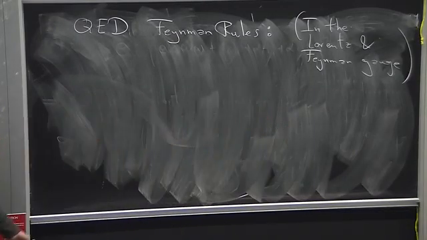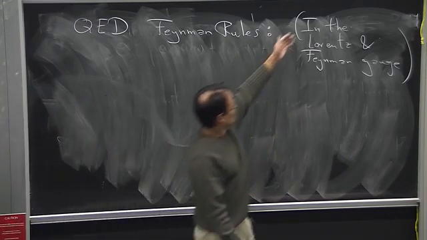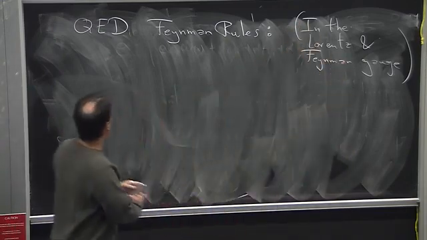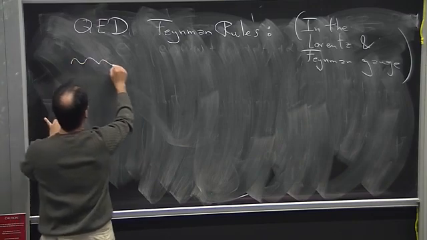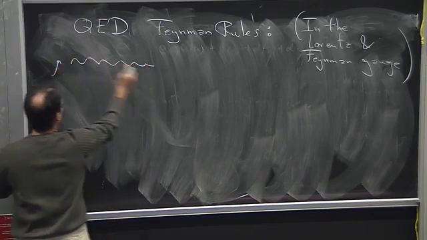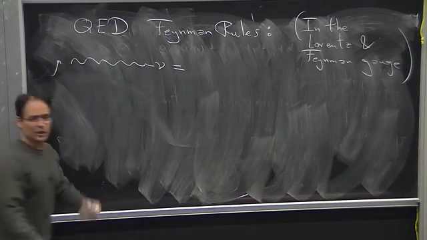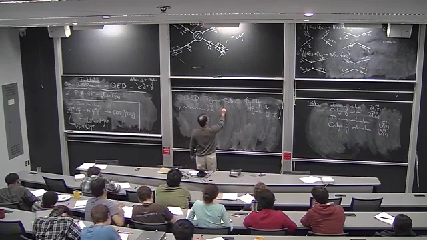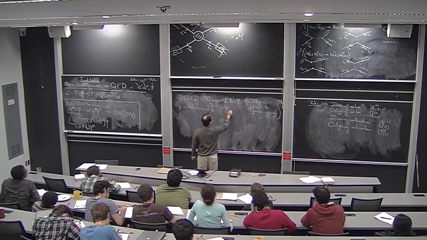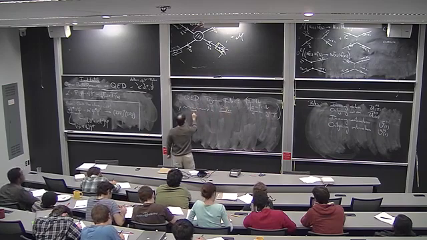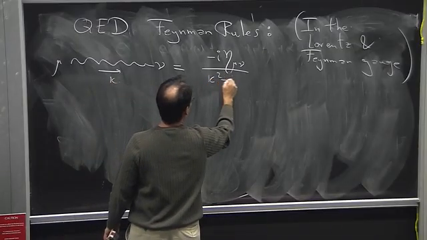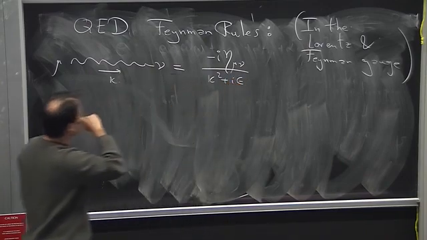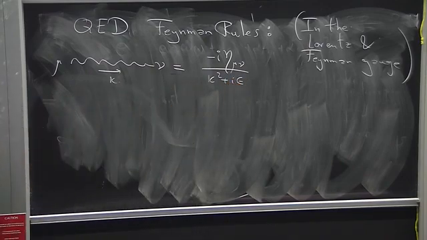Well, that's a long way to say that if we see a photon line, what's the propagator we're going to use? That's right. It's going to be minus i eta mu nu over k squared plus i epsilon, if this is the momentum k.